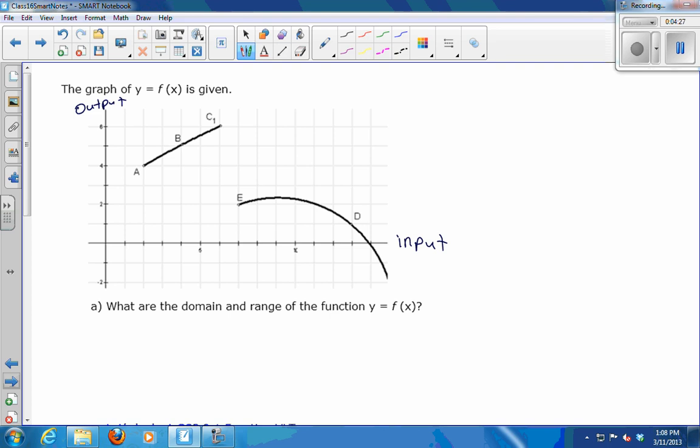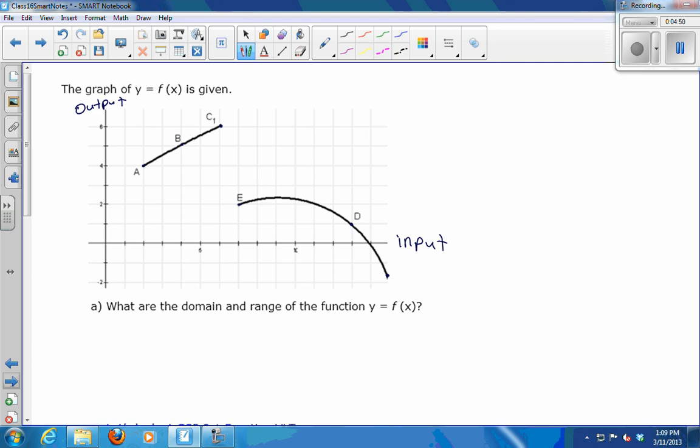All of the x values that have a y. So if I just look at this little piece to start with, and before we start, I'm going to say all of these circles are filled in. It's just the computer program I made likes to have open dots, but imagine they're all filled in.